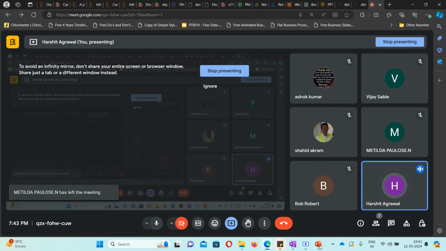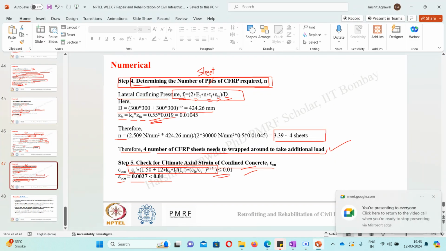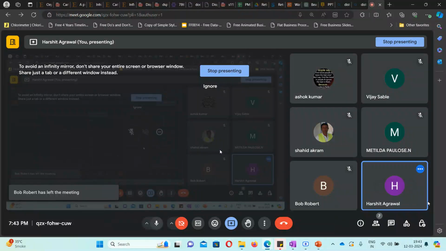Any doubt in the discussion that we had today regarding flexure or shear or axial? So these questions are like, if you are looking at these solutions for the first time, it will seem to be very confusing.